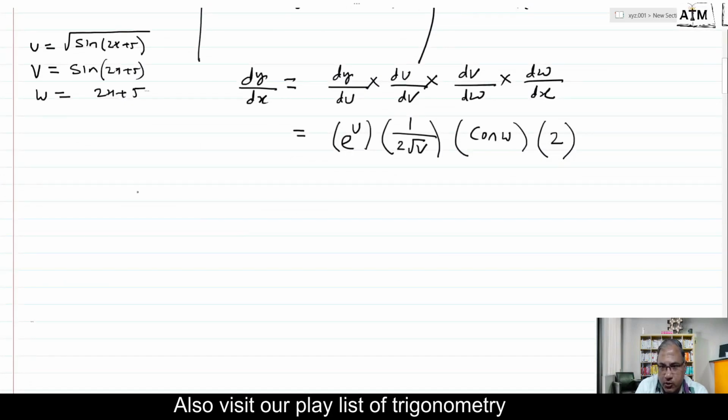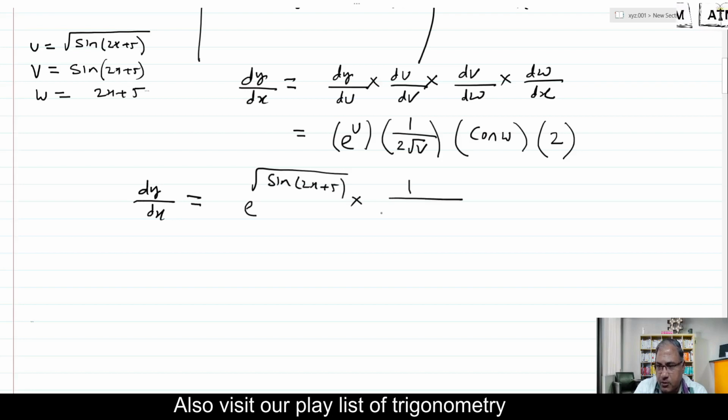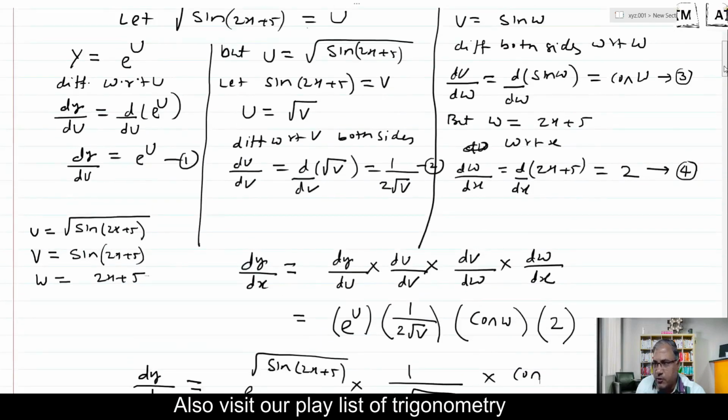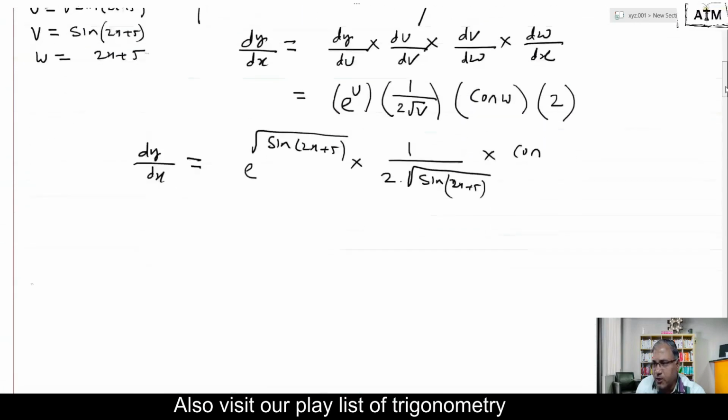So we have all four results here. Now you are going to put back the values. What is the u value? The u value is the square root of sine of (2x plus 5), multiplied by 1 upon 2 root v. What is the v? Sine of (2x plus 5), and cos w. What is the w here? w is nothing but 2x plus 5.